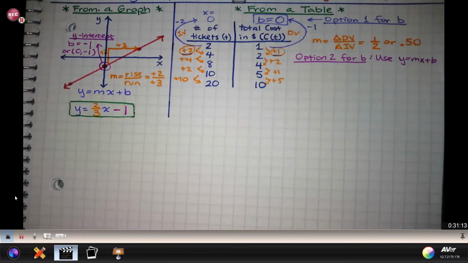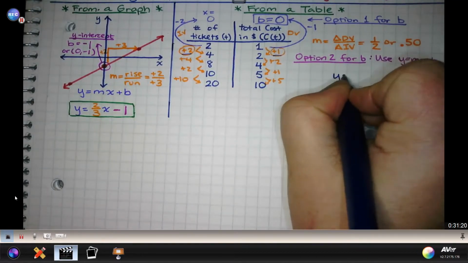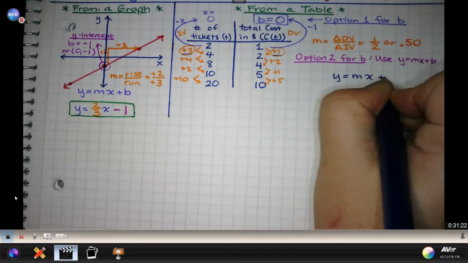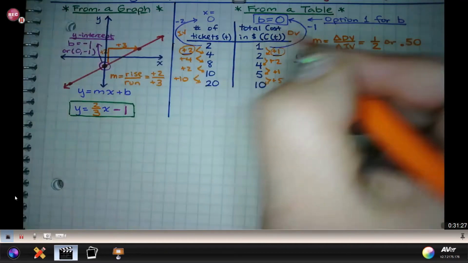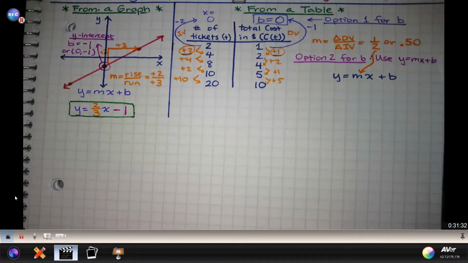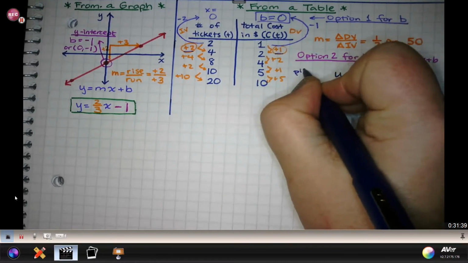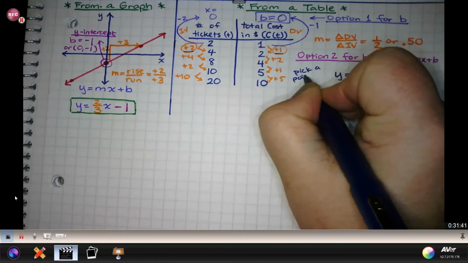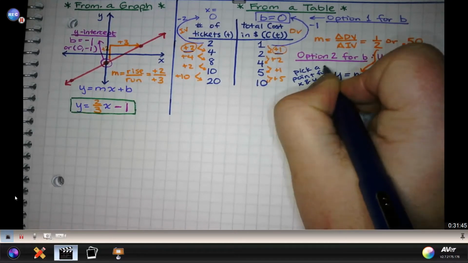Okay, so what does that mean to use y equals mx plus b? Well, we take y equals mx plus b, and we know what m is. M is 1/2, so you can put that in there. And then you can pick a point here to put in for y and x. So pick a point for x and y.